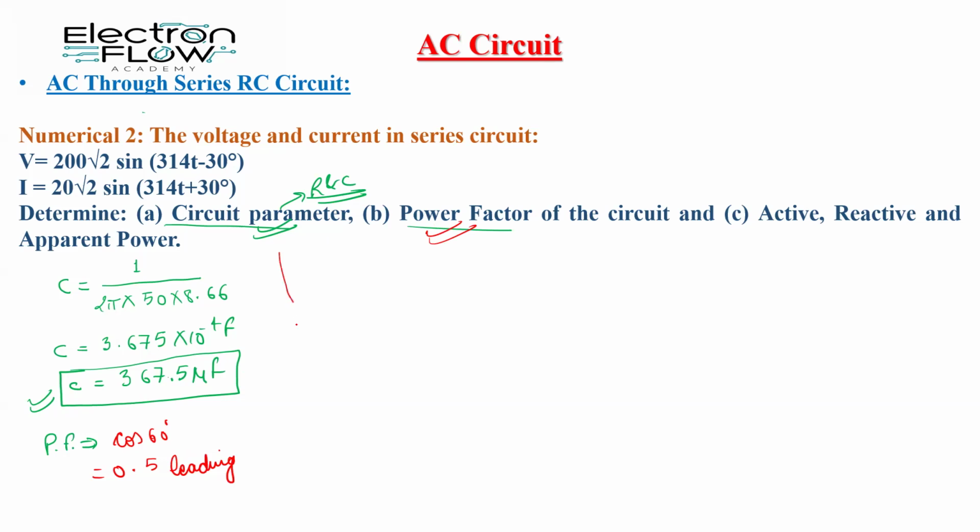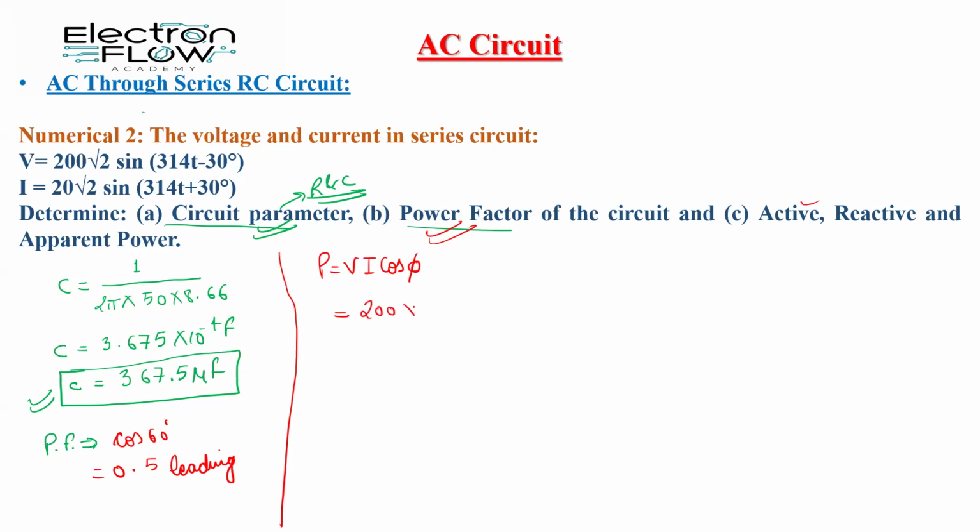The last thing is to calculate the active power, reactive power, and apparent power. We know the active power formula is VI cos phi. The voltage and current here are RMS values.